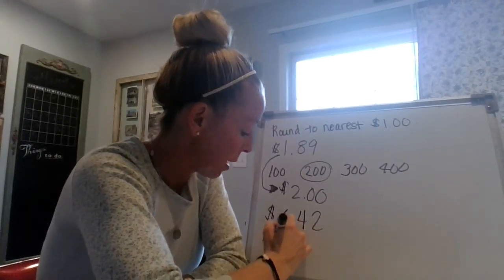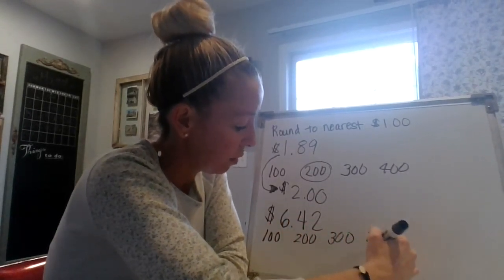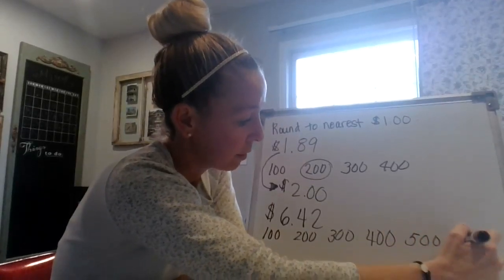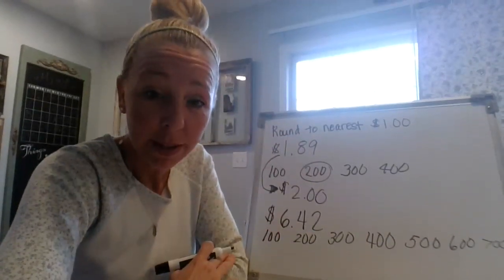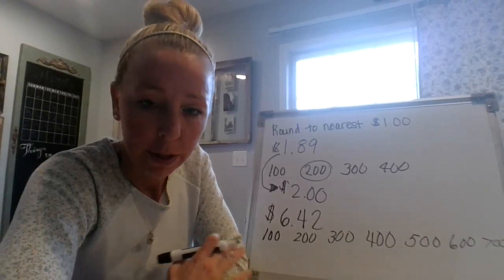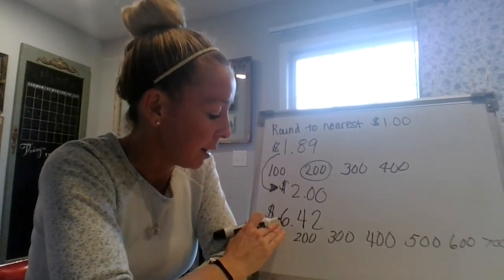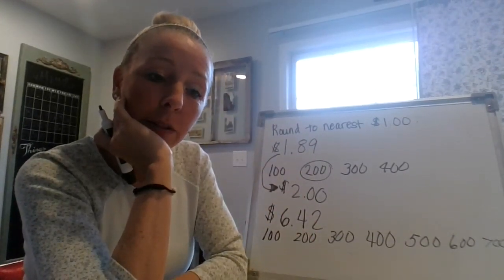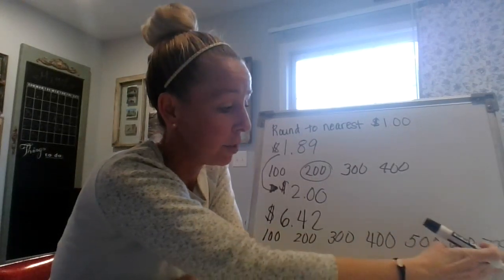Well, let's think about the number line. 100, 200, 300, 400, 500, 600, 700, 800, 900, 1,000, which in money would be $10. 642 on a number line would be closer to, are you thinking between 600 and 700?